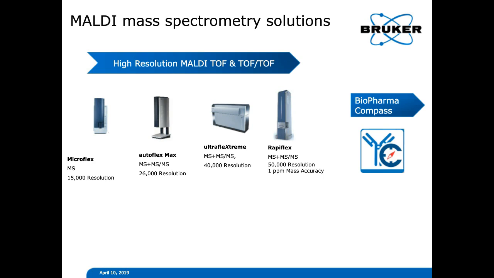The ultraflex extreme again operates in MS as well as MS/MS mode and has a resolution of 40,000. The rapifleX is the top of the line instrument for MALDI, which has the ultimate resolution, speed, and sensitivity. It has a specification of 50,000 for resolution and a 1 ppm mass accuracy.